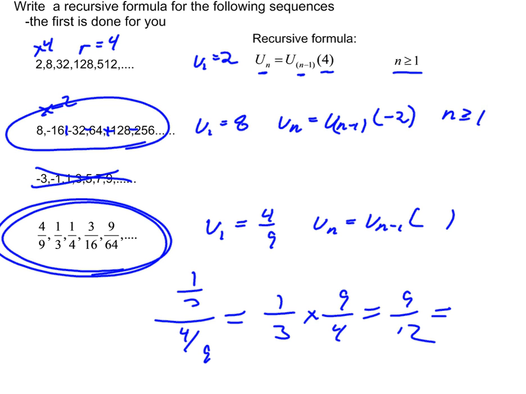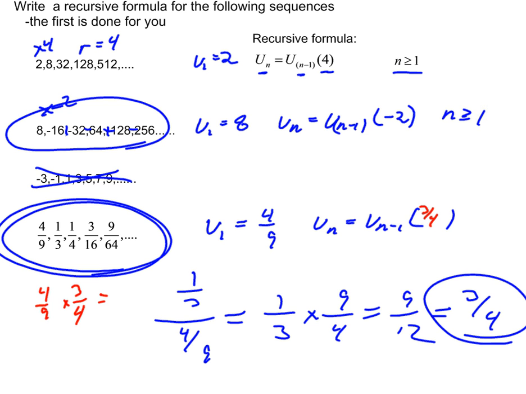Divide them both by 3, and we get a common ratio of 3/4. So that common ratio is 3/4. Let's check it. 4/9 times 3/4 is going to give me, after some canceling, 1/3. 1/3 times 3/4, so that works. And n is greater than or equal to 1. Very good.